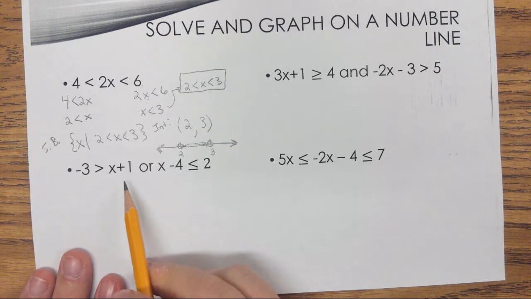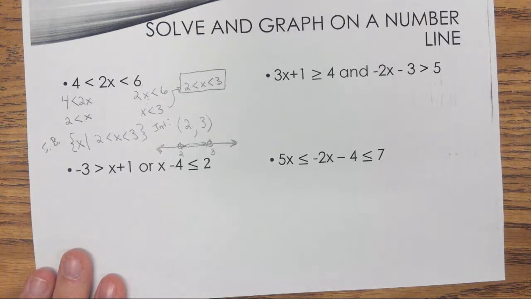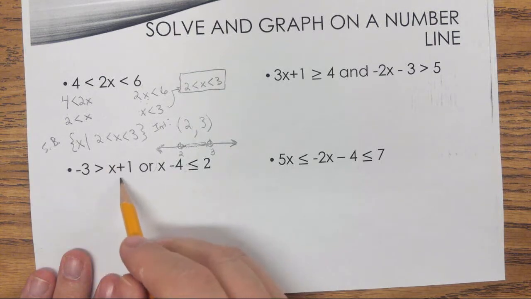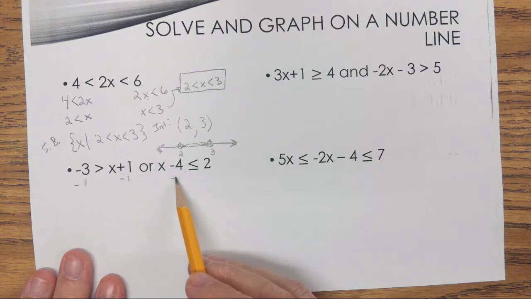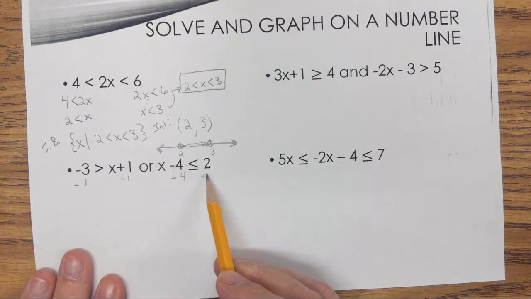Alright, let's look at this one. This one is already separated out into two inequalities, and it's separated with the word or. Well, let's solve these inequalities first. I'm going to subtract 1 from both sides on this one, and I'm going to add 4 to both sides on this one.